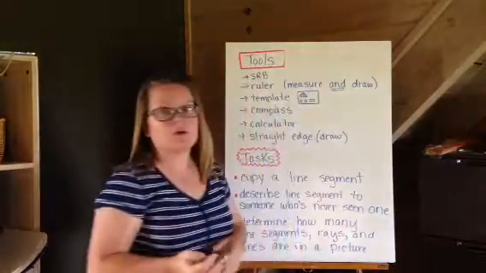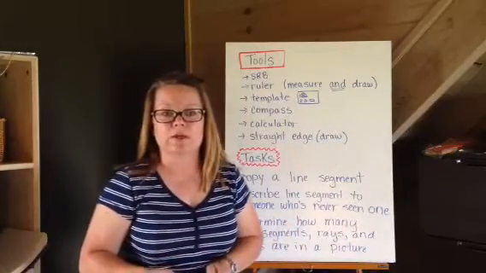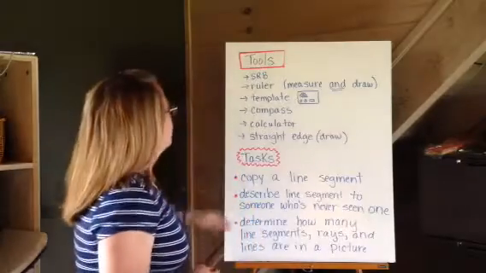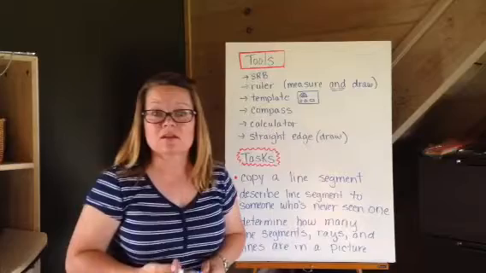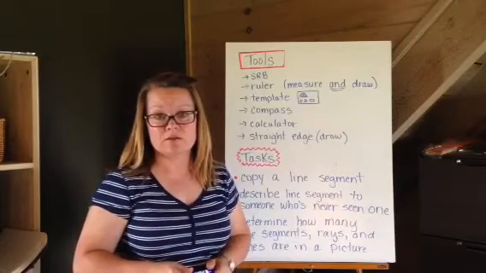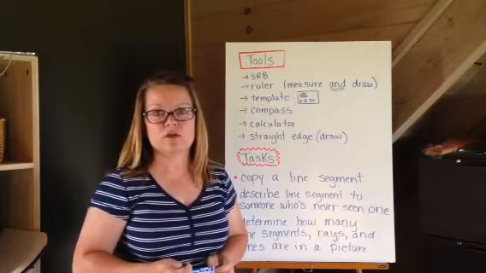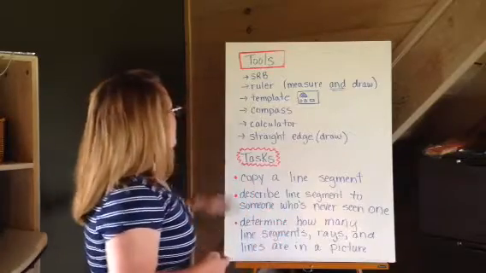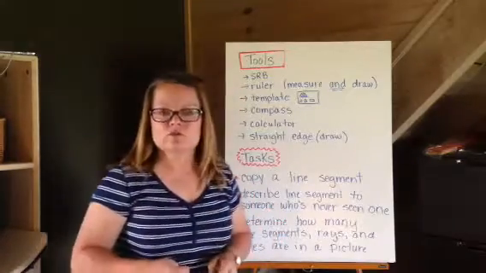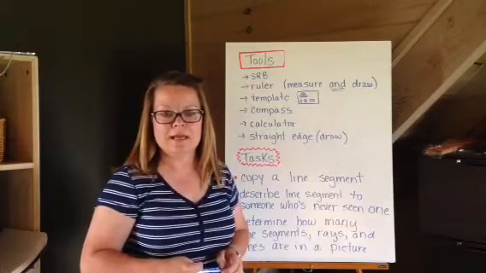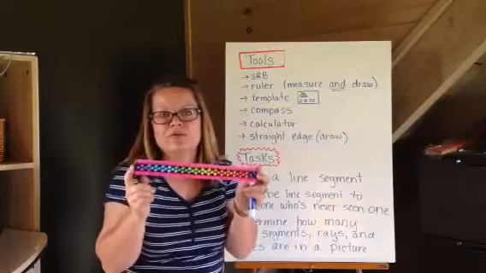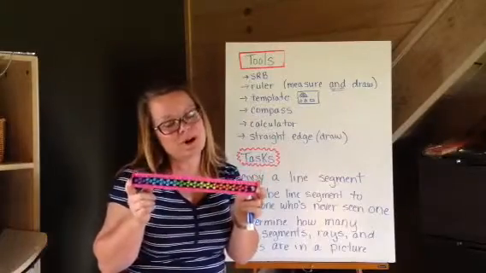And now we're going to talk about some tools that we're going to be using in math class. One of them, of course, we talked about in the last lesson, and that was your SRB. That is always going to be a tool that you can use at any time except for test time. We're going to use a ruler. Most of you know what a ruler is, and I have a very sparkly one right here. Yours probably isn't as pretty as mine.